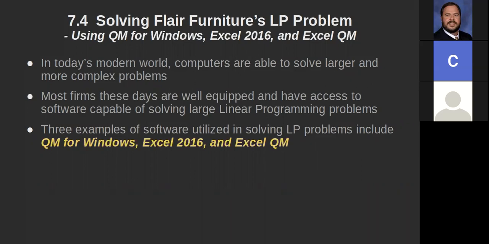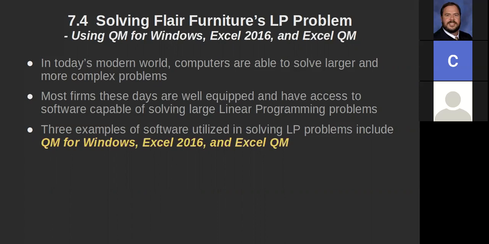In today's modern world, computers are able to solve these problems for us. Most firms and organizations these days are adequately equipped with and have access to software that is capable of solving these larger linear programming problems.